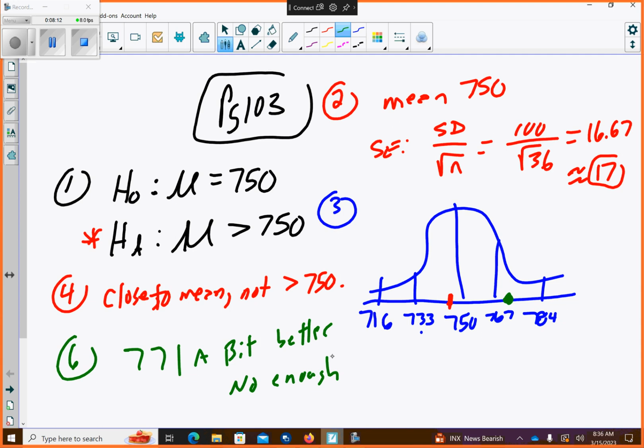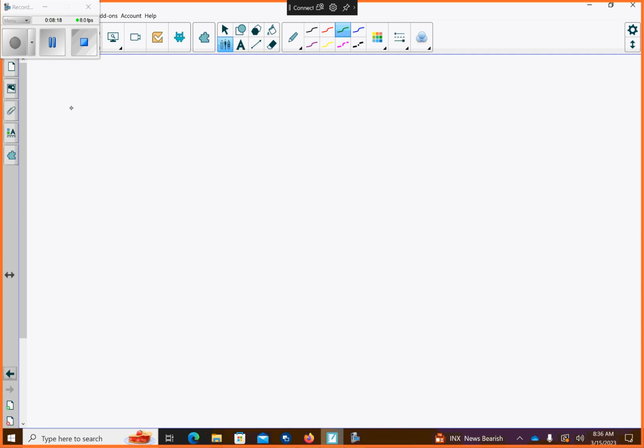Explain what a type 2 error would mean in the context of this question. So a type 2 error says we failed to find strong evidence that these cheeseburgers average more than 750 calories when they do.